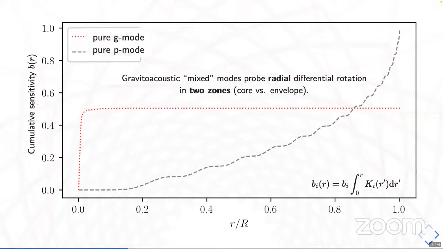And the red dotted line shows where the G modes are sensitive. So where the slope is high is where the G mode is sensitive, and in the exterior part of the star, the integrated sensitivity function is flat. So the actual sensitivity function is 0 outside of the core. Likewise, the P modes shown in gray are only sensitive to more or less the outside of the star. Okay.